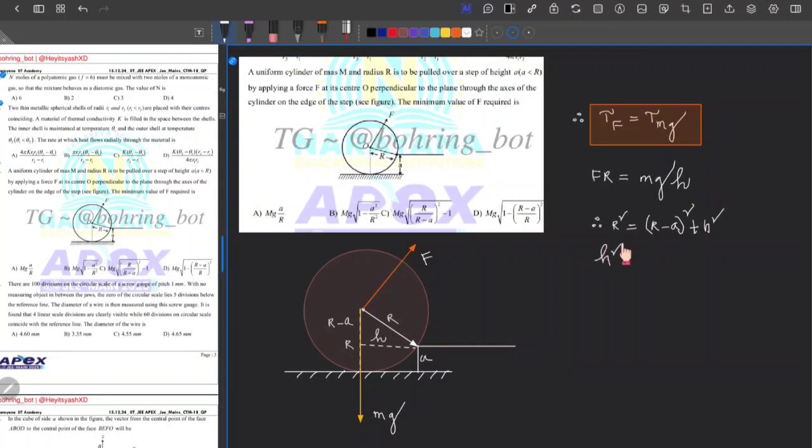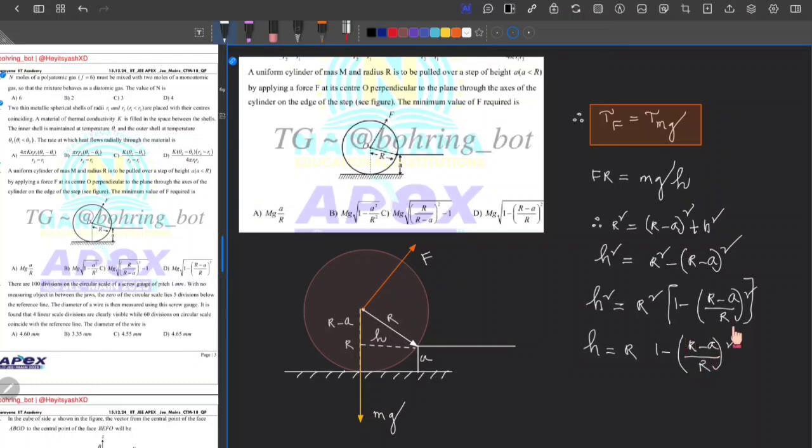Therefore h square equals R square minus R minus a whole square. Taking R square out, h square equals R square into 1 minus R minus a by R whole square. Therefore h equals R into the square root of 1 minus R minus a by R whole square.